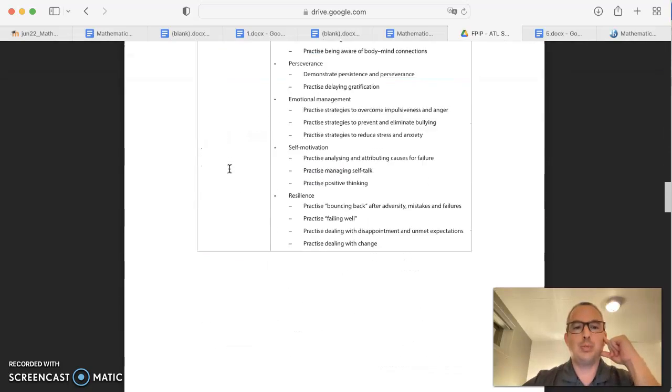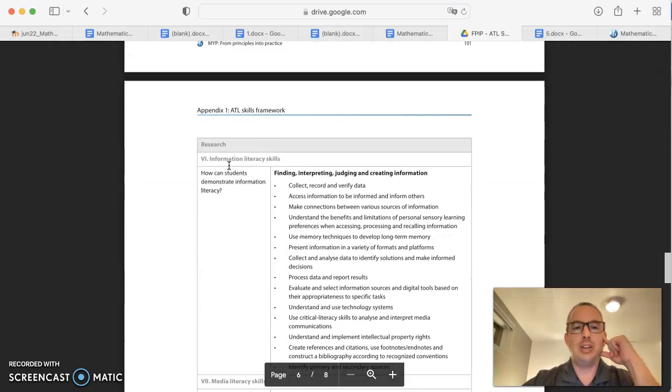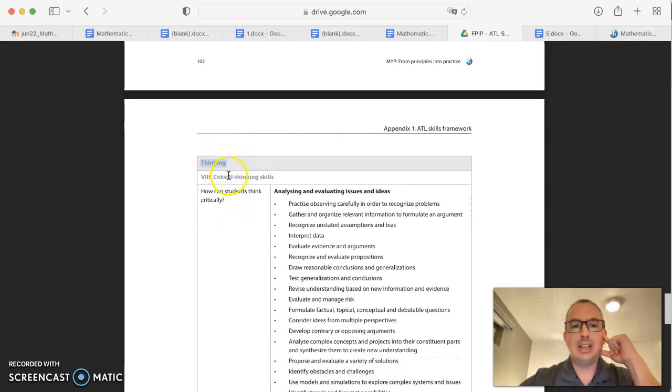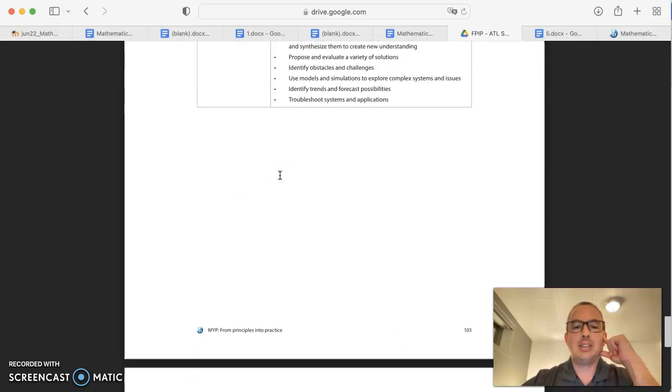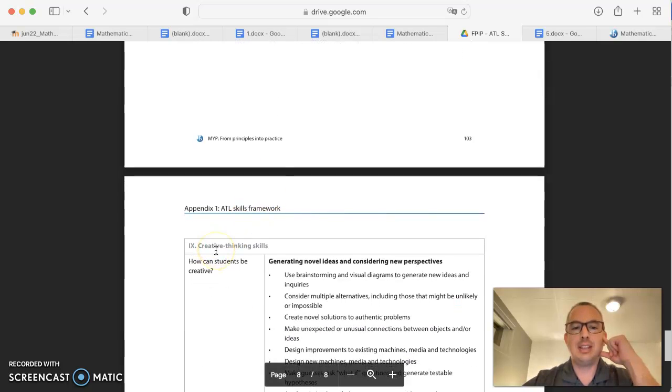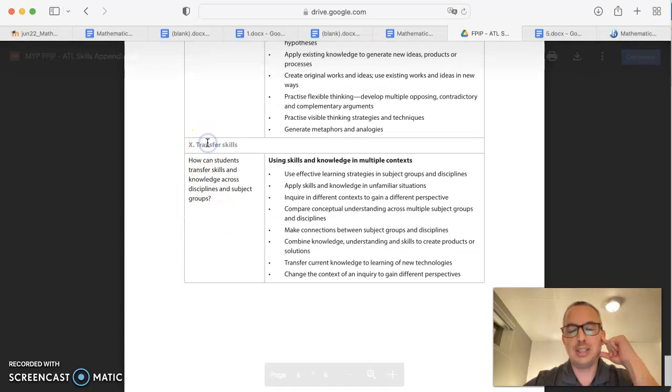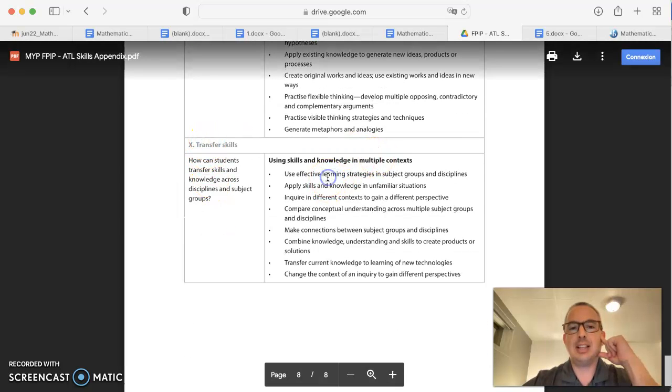Perhaps what would better show how it works is with the thinking skills. So thinking here would be the skill category. The critical thinking skills or creative thinking skills and transfer skills would be the skill clusters, and then the indicators is like one dot.